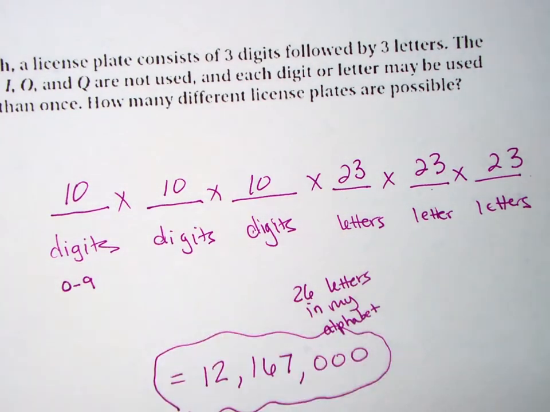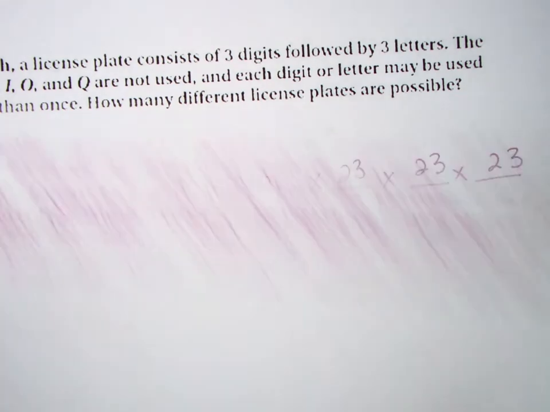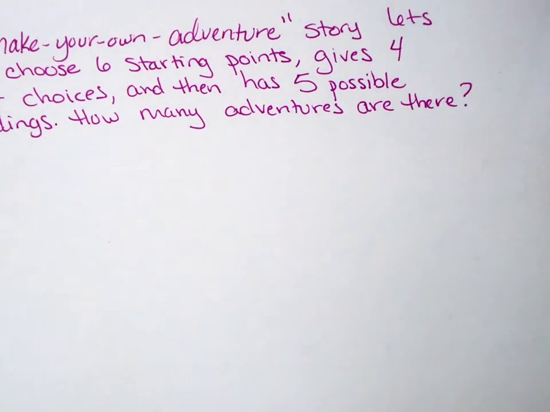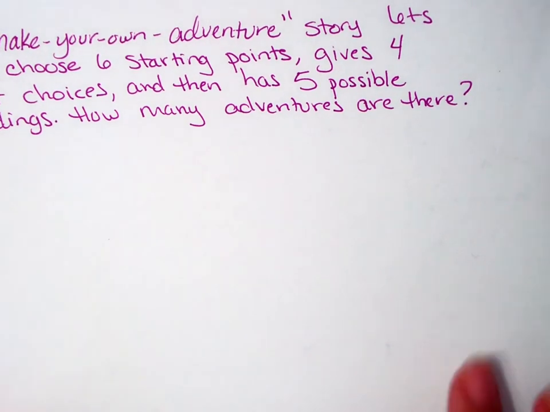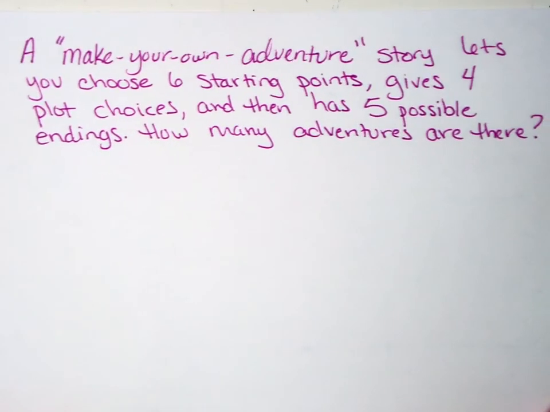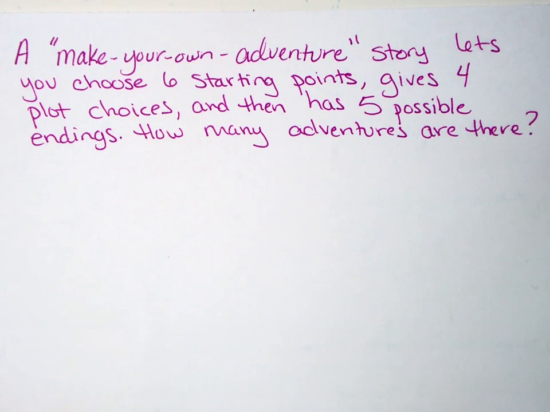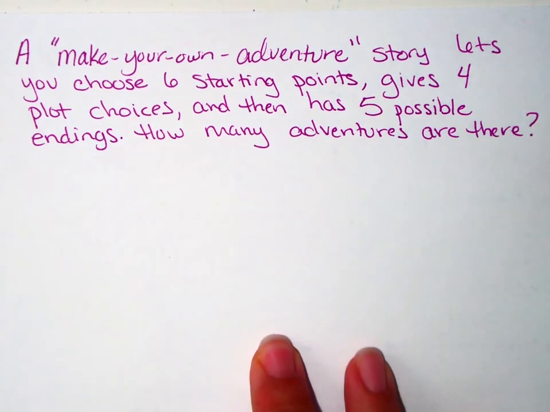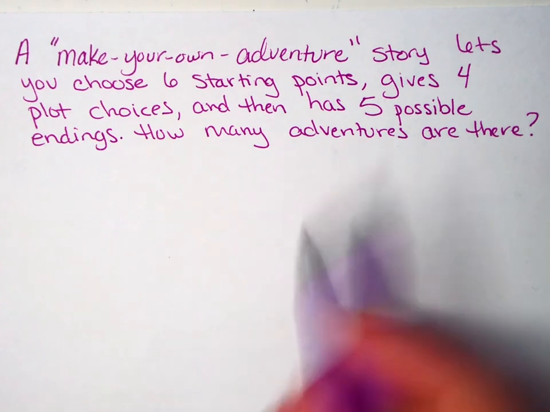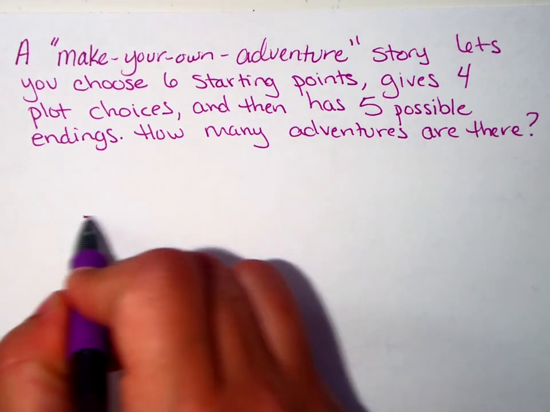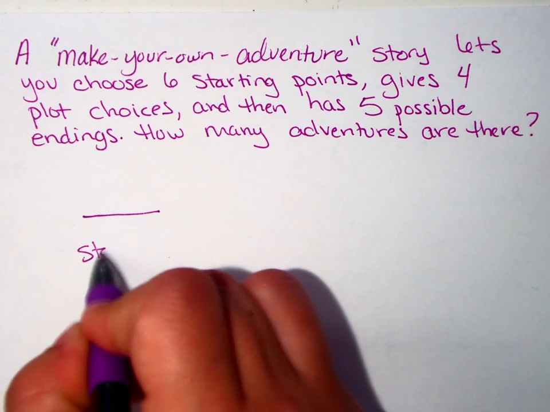All right, let's look at my next example. A make your own adventure story lets you choose 6 starting points, gives 4 plot choices, and then 5 possible endings. How many adventures are there? All right, so let's set it up. Starting points.